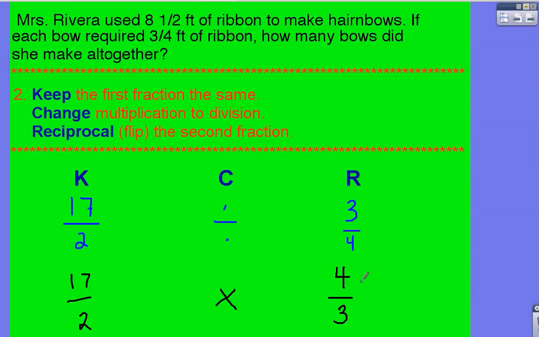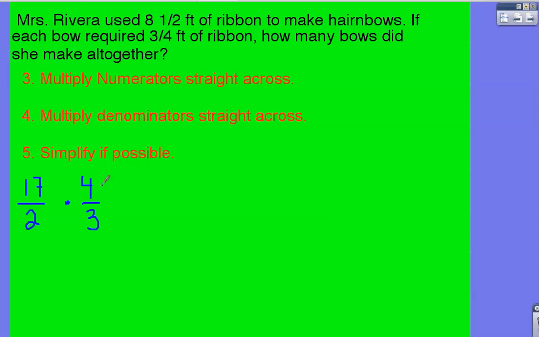So you just flip that fraction over. You have to make sure you do the first step of Texas before you do the reciprocal or flip. So 17 over 2 stayed the same, division changed to multiplication, and we flipped over, took the reciprocal of 3/4, that changes into 4/3. This is the only new thing. The rest of it's the exact same as multiplication.